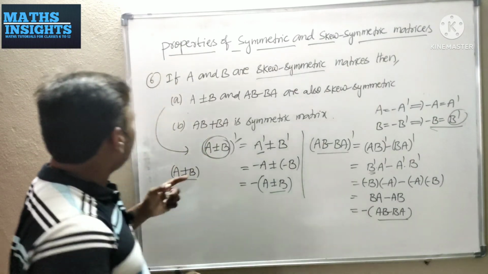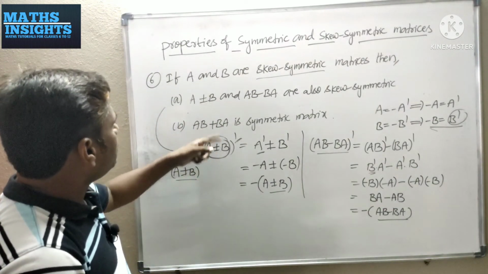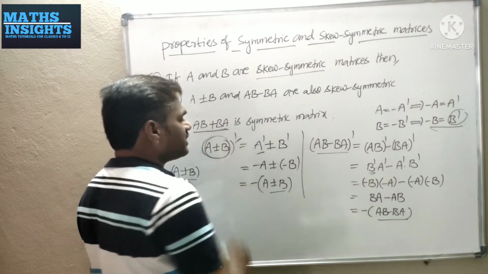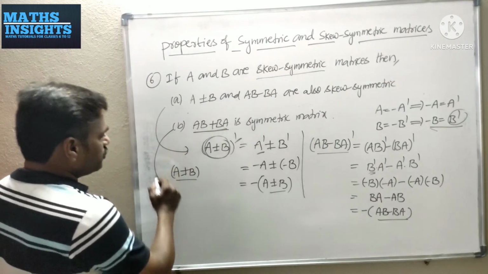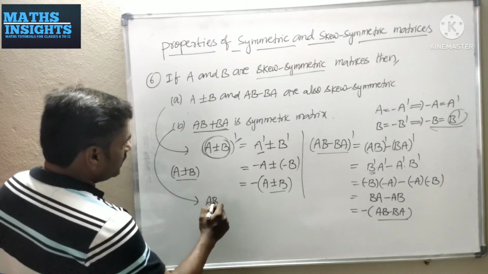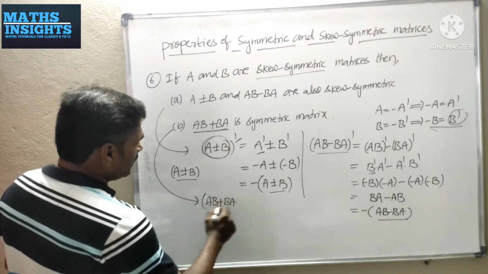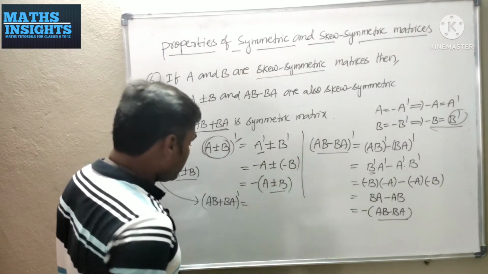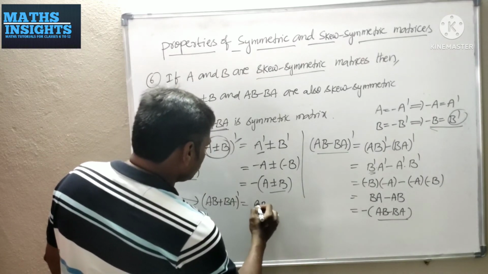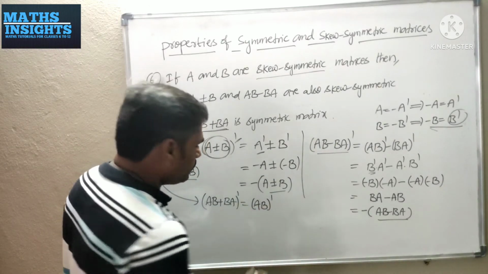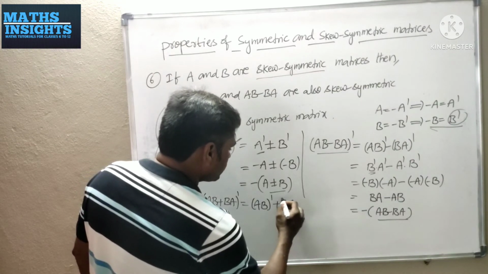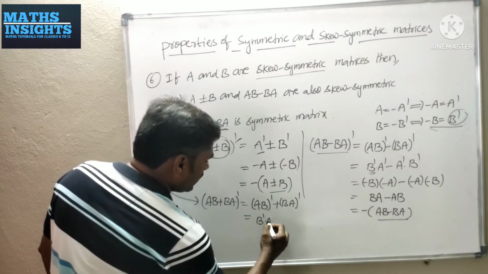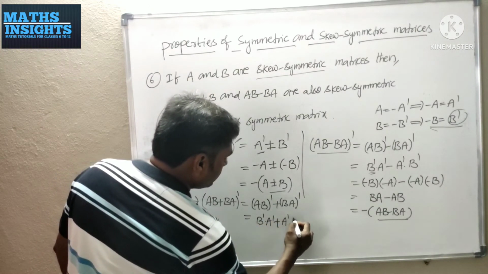The second sub property of the sixth one says that AB plus BA is symmetric. To verify its symmetricity, you have to do the transpose. I am doing (AB plus BA)' here, that is equal to, similarly, whatever you have done before, you are doing the same thing here. (AB)' plus (BA)', that is B' into A' plus A' into B'.